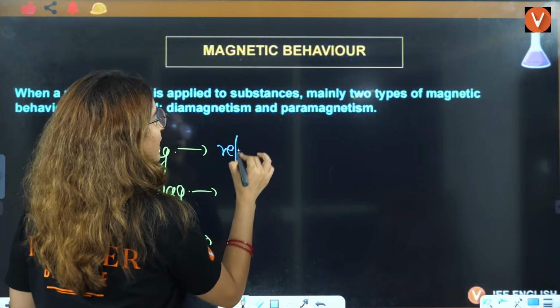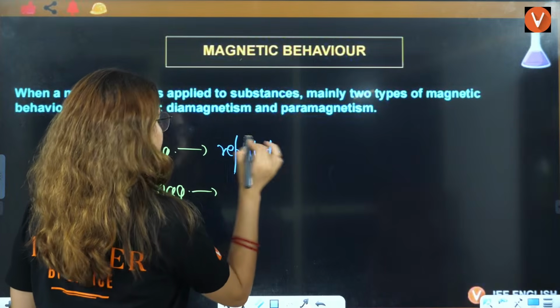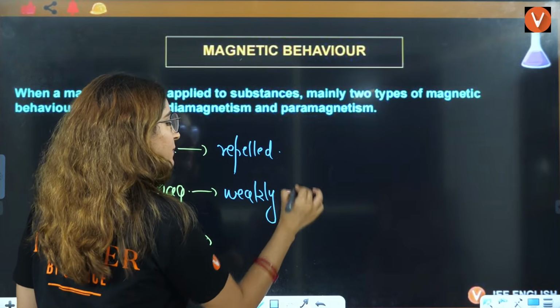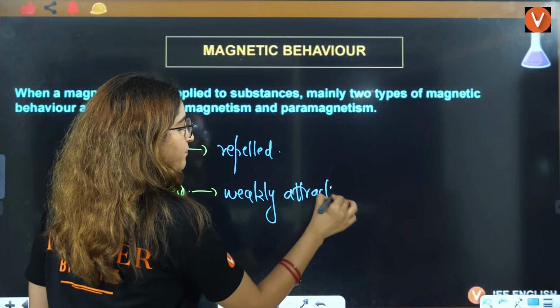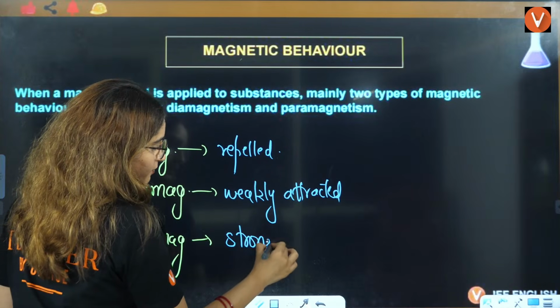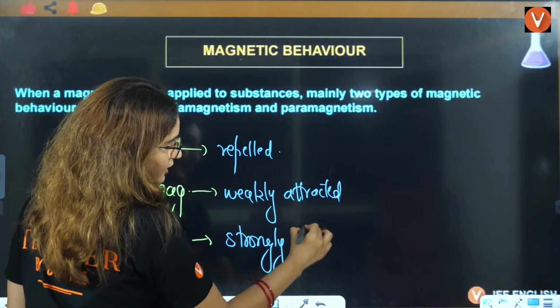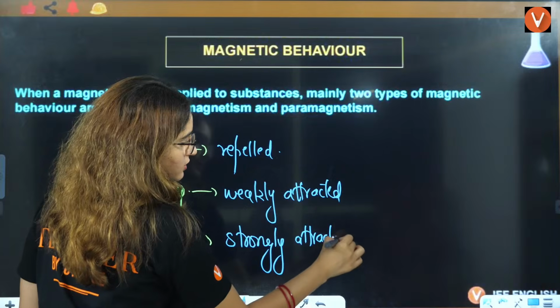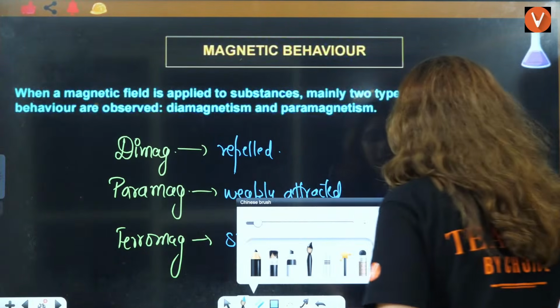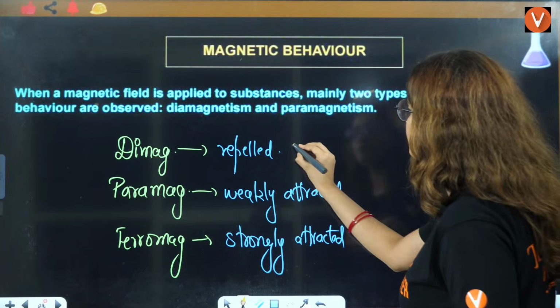Diamagnetic is repelled by a magnetic field. Para is weakly attracted by a magnetic field, but ferro is strongly attracted by a magnetic field. This is the definition that you should know. And you should know how to calculate which one is para and which one is dia.